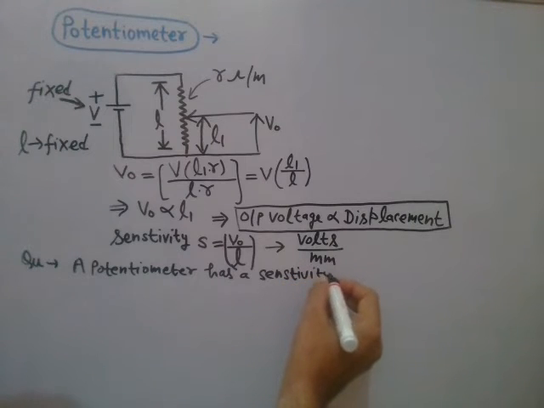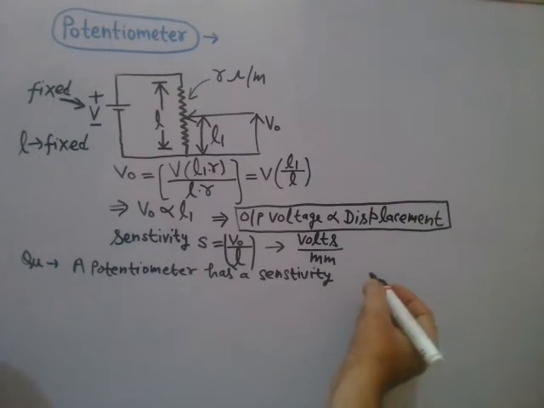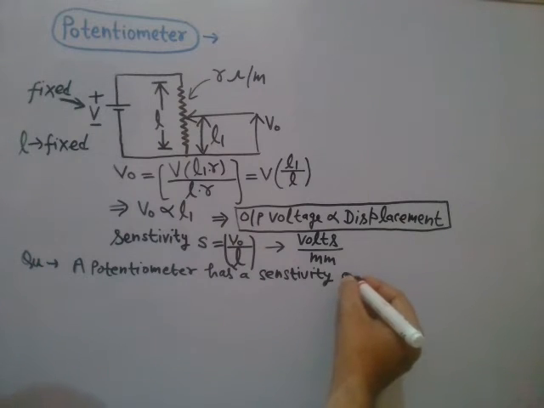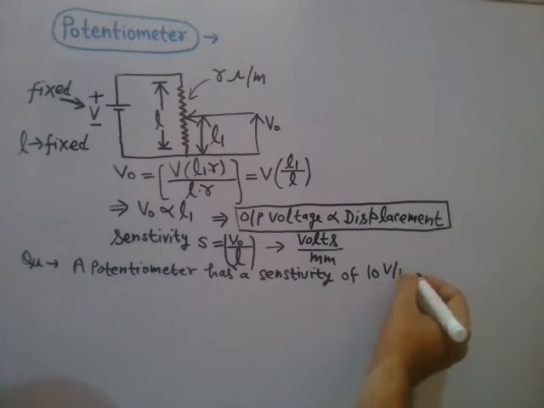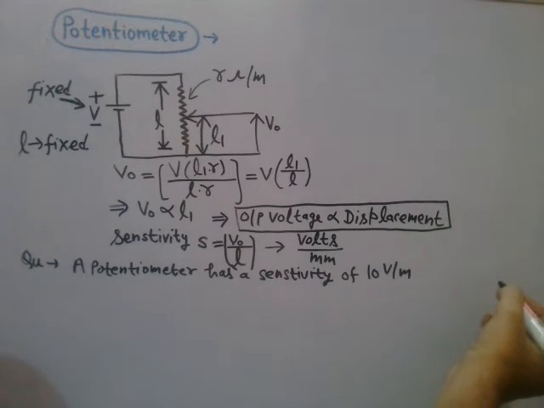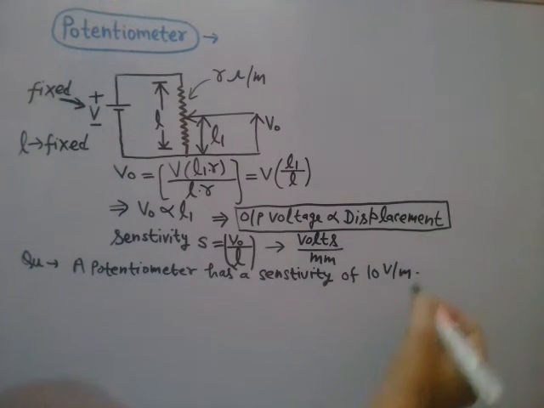A potentiometer has a sensitivity of 10 volt per meter. See, it is given in meters, 10 volts per meter. Now find the output voltage for a displacement of 40 centimeter.